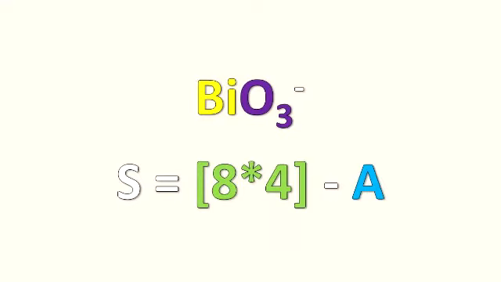So for bismuthate, we have a total of 4 atoms that can achieve the octet rule because their valence shells can hold up to 8 electrons. So we put in 8 times 4.